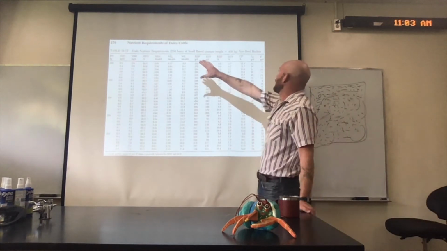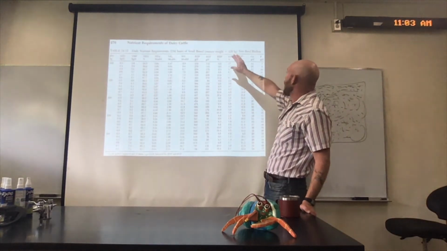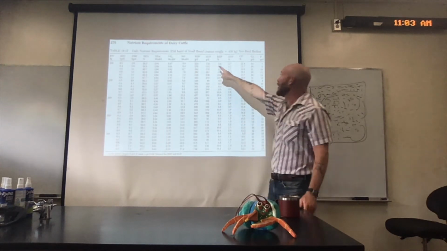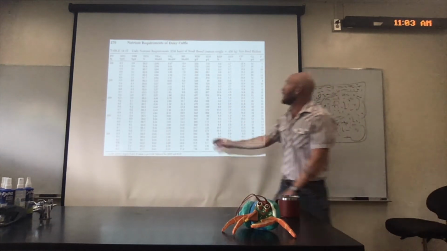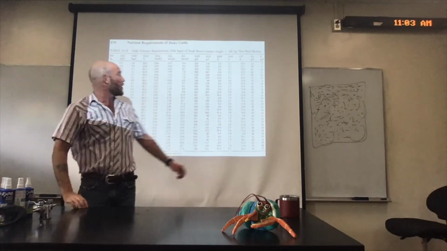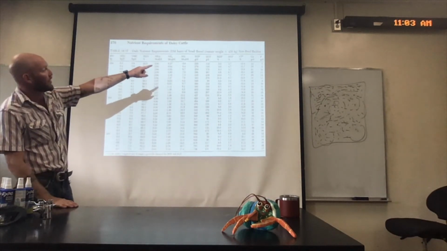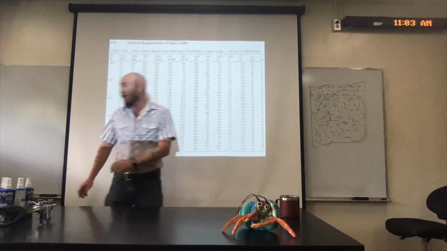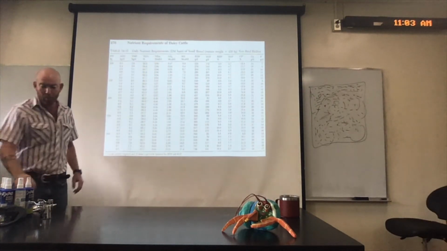Up top we've got all our different kinds of energy components, our RDP, rumen degradable protein, and rumen undegradable protein, in both gram mass and percent of the total diet. And then over here, our beloved crude protein, calcium, and phosphorus.